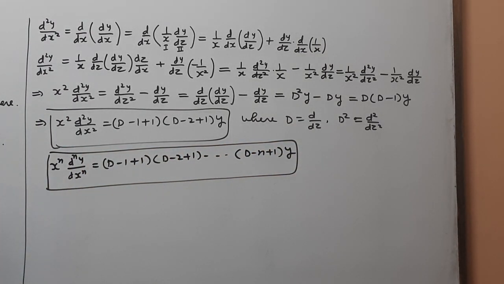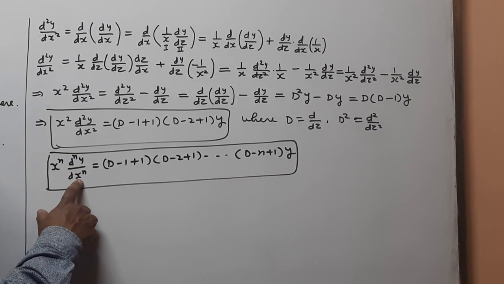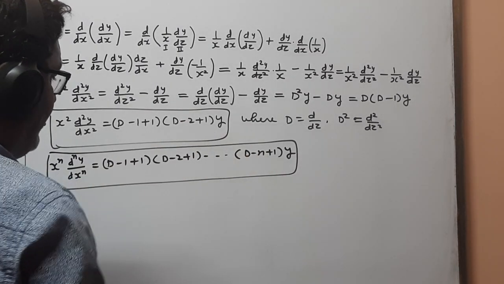If we convert a homogeneous linear differential equation into a linear differential equation with constant coefficients, we always put x equal to e to the power z, and x to the power n dn y by dxn can be written this way.